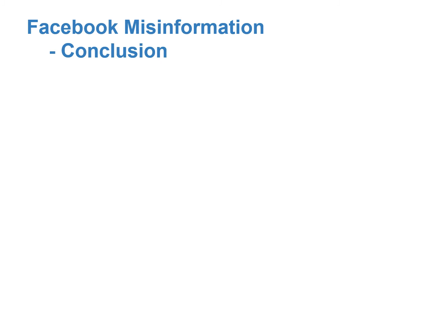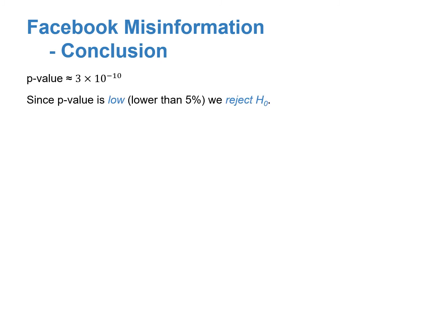So, making our conclusion, our p-value led us to reject the null hypothesis. The null hypothesis was that the proportion of all people who believe that social media companies should be legally required to protect their users from misinformation is equal to 0.5. The alternative was that it's different from 0.5.